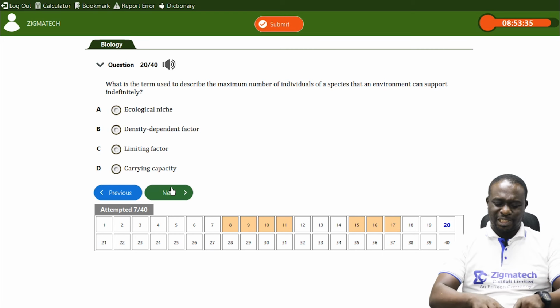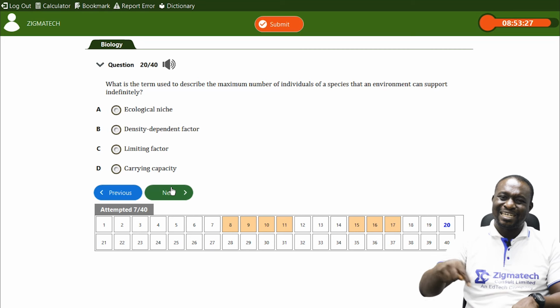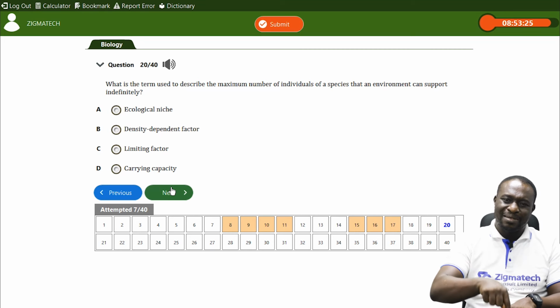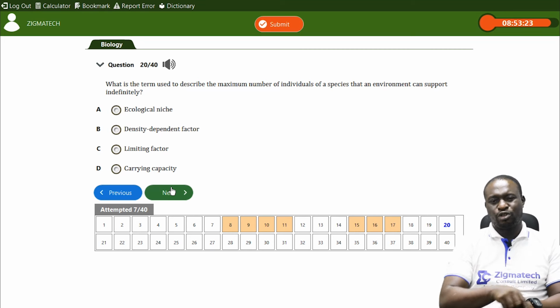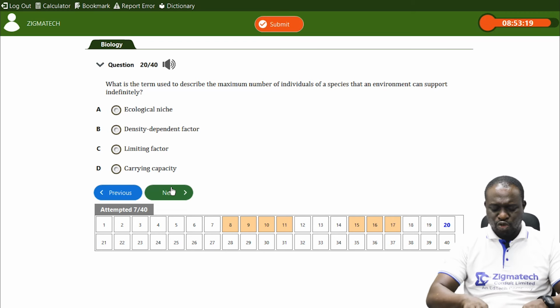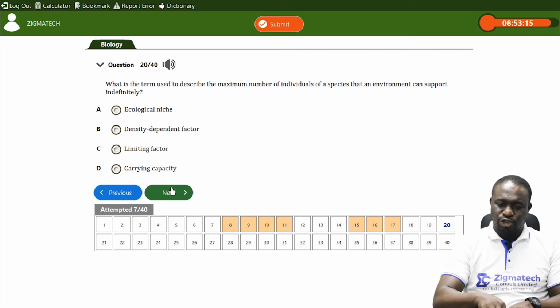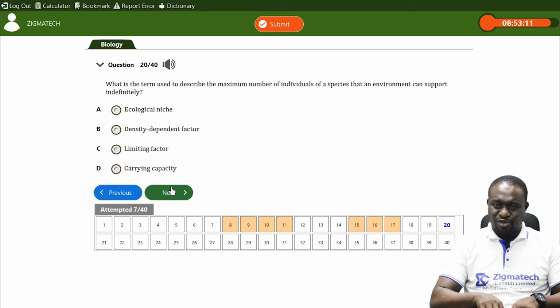Ecological niche is the specific portion in a habitat or environment where an organism can be found and the role that particular organism plays in that portion. An example is a mango tree found in a particular place. What is the role of that mango tree in that environment?